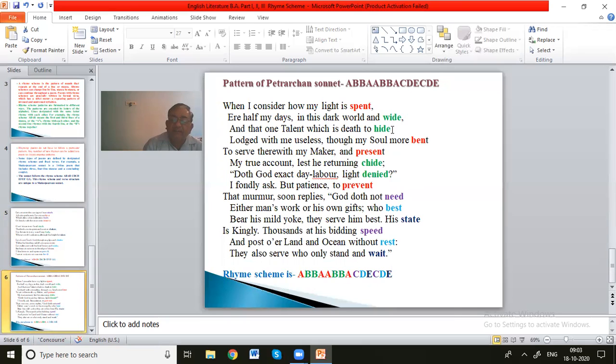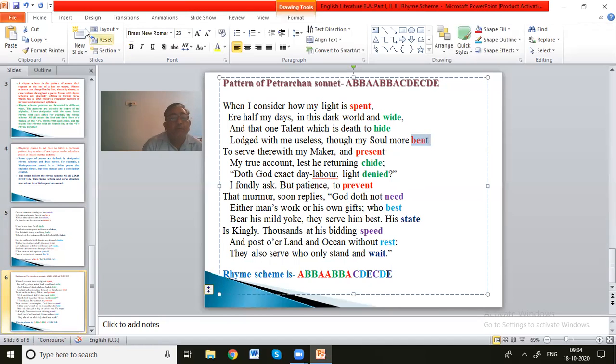Wide and hide match, they rhyme with each other, so I again use B. Lodged with me useless, though my soul more bent. Now bent is matching with spent, so it is A.